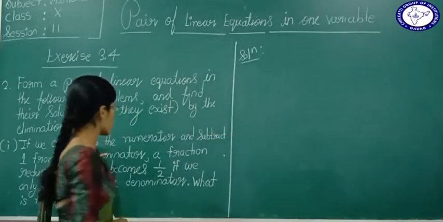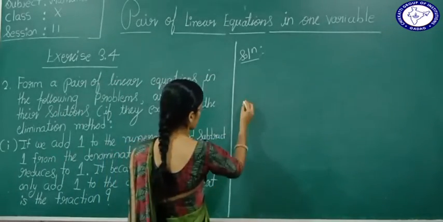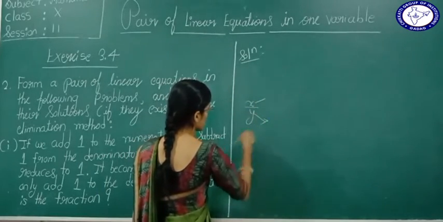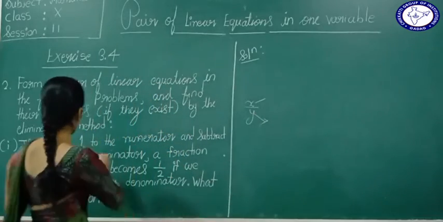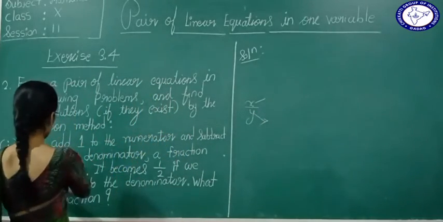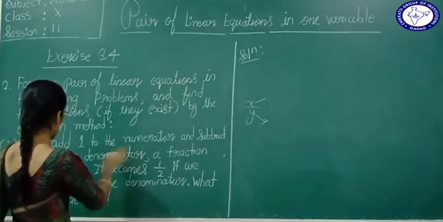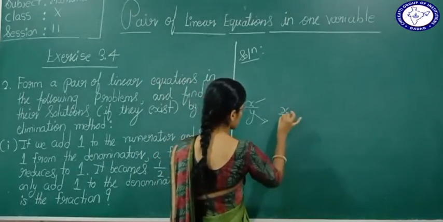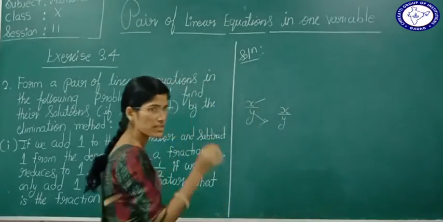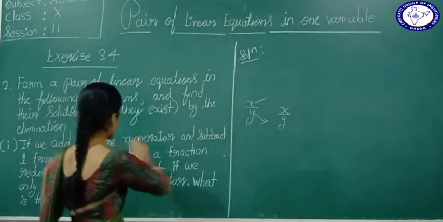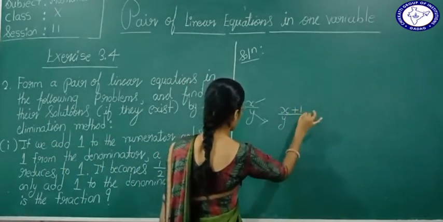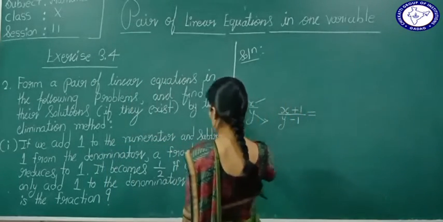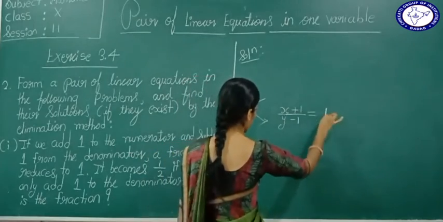If we add 1 to the numerator, you take here, this is a numerator and this is a denominator. If we add 1 to the numerator and subtract 1 from the denominator, a fraction reduces to 1. What they are telling means, suppose I take xy as a fraction, x by y. Here if we add 1 to this numerator and subtract 1 from the denominator, this fraction is going to reduce to 1.